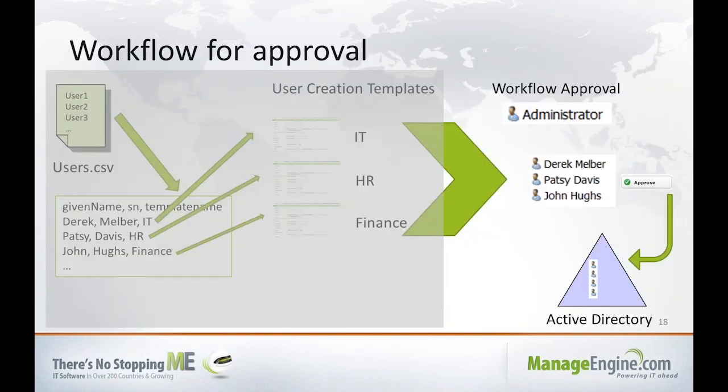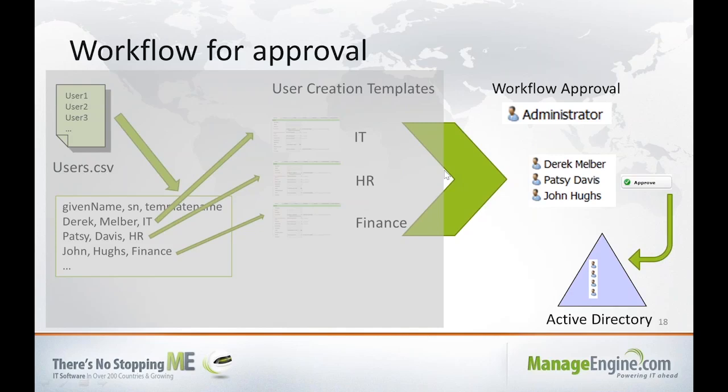Now, the reason workflow is important is we do not want 100 new employees starting and there be an error in the CSV and it automatically create 100 incorrect users across 100 different OUs. We want to be able to have someone verify that the information is correct, all right? So we want to make sure that we put in workflow and the tool does it very easily.